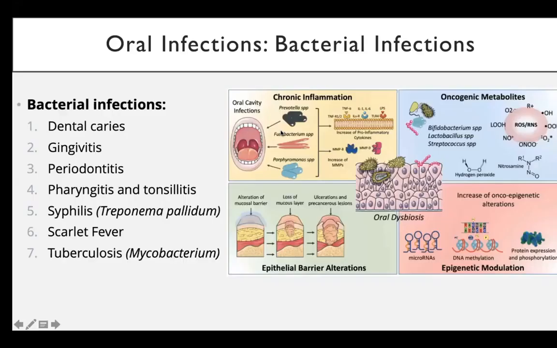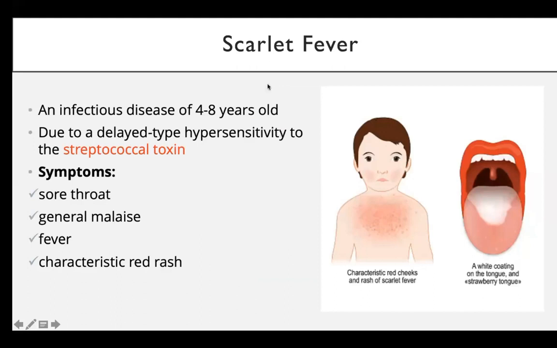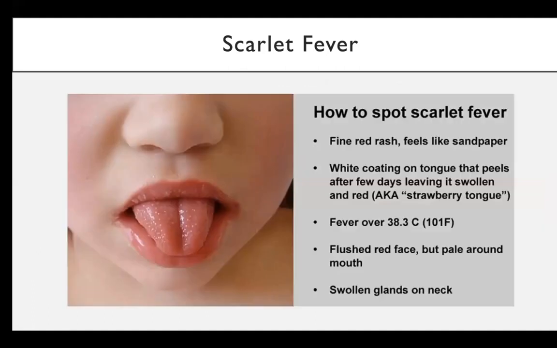And then we went to bacterial infection, and we know scarlet fever was caused by streptococcal toxin, Strep A, and in children aged 4 to 8 years it causes sore throat, general malaise, fever, and a characteristic red rash. When there was scarlet fever, I said red cheeks, red rash, red strawberry tongue.